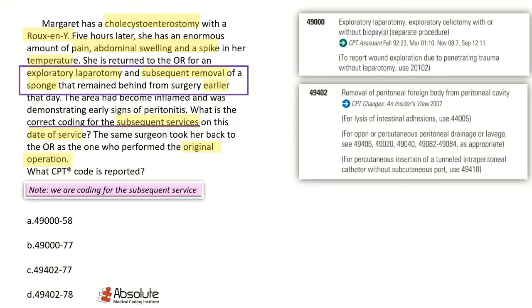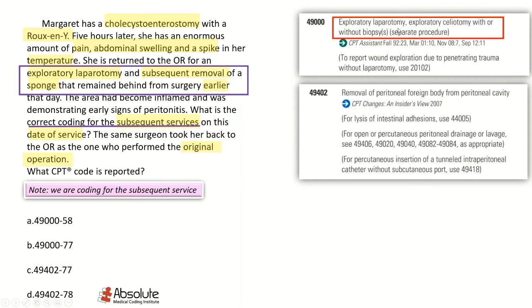They're not repeating the procedure. They're exploring because they're looking for the sponge. Exploratory laparotomy. Laparotomy is an incision into the abdominal wall. So they're going to open this patient back up, and this surgeon has got to find this sponge. So that's the subsequent service.